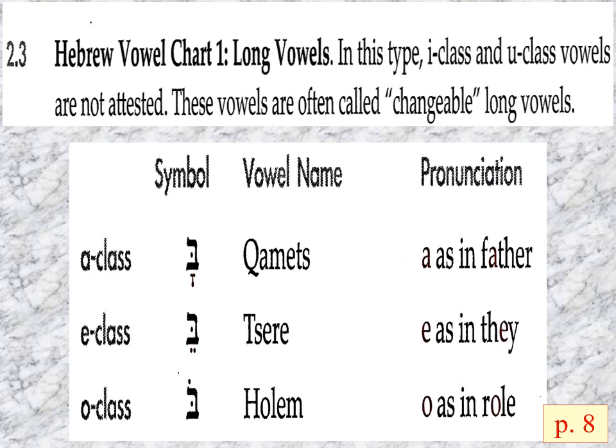And then the long O class, holam, o as in roll. Sort of difficult with that R to bring out that O type sound, more as sort of just a long O sound. Holam. So bow. Qamets, tsere, holam.